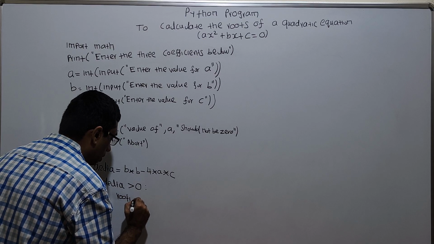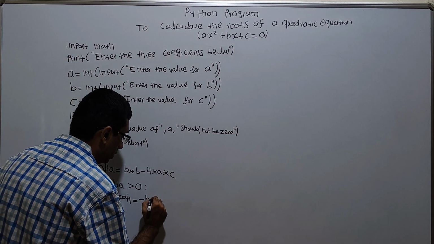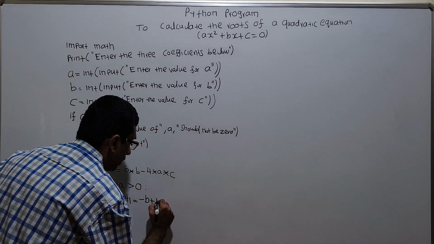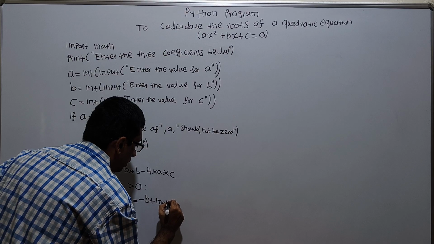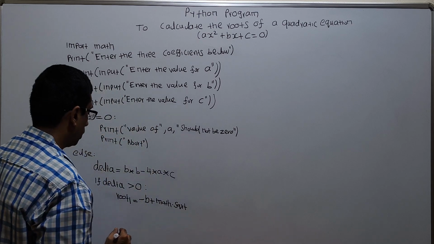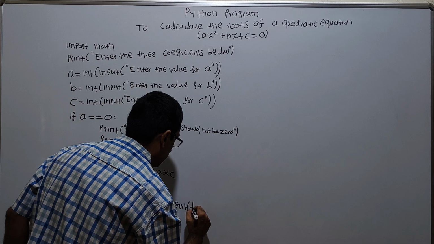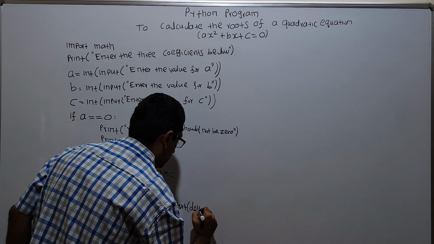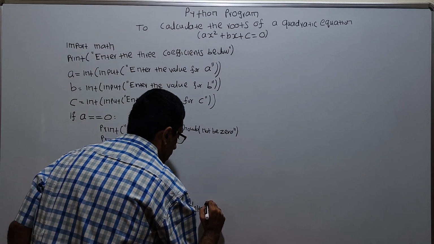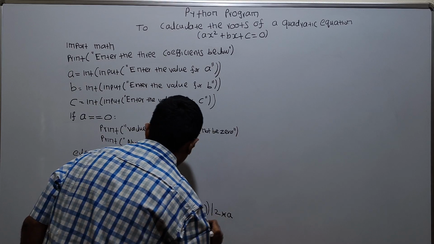Root 1 equal to minus b plus, so I'm going to calculate the square root using the math dot sqrt function, square root of delta, the whole divided by 2 multiplied with a.